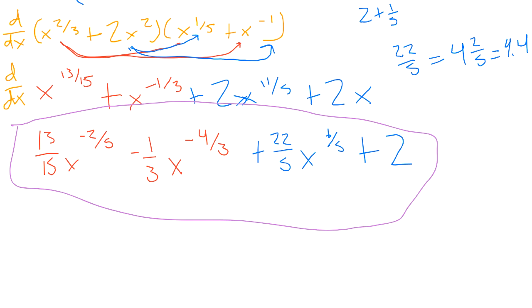Yes, our initial setup was for product rule, but we were able to manipulate it and get it into something that was much easier to work with. Sometimes your prof may say you have to solve it in a certain way, but sometimes they leave it up to you to figure out what is easier.